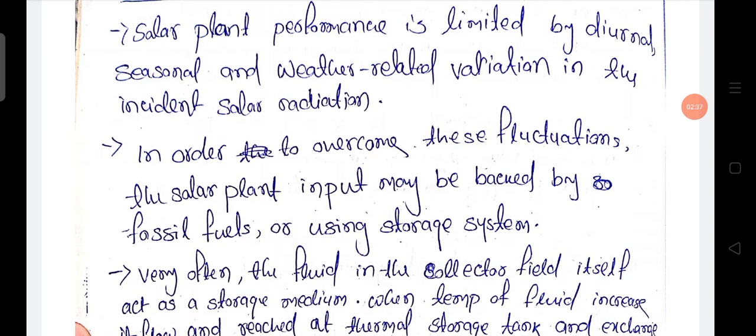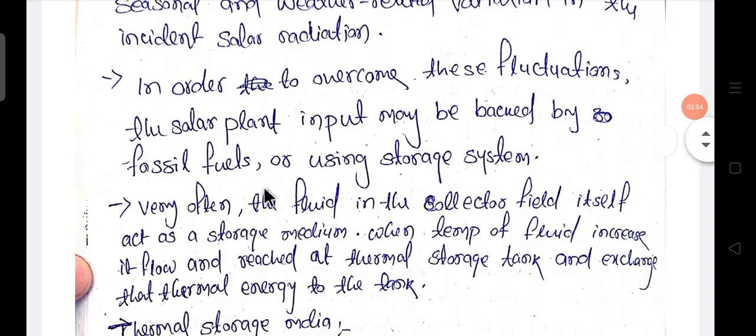We use the storage on a small scale. Very often the fluid in the collector field itself acts as a storage medium.